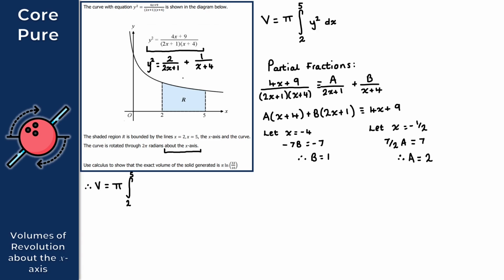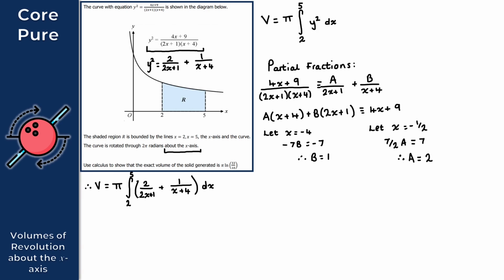Like so. So this is y squared here, right? So we are integrating 2 over 2x plus 1, and we also have 1 over x plus 4 here. Okay. And we're integrating here then with respect to x, so dx.